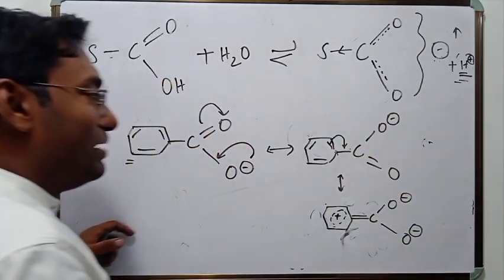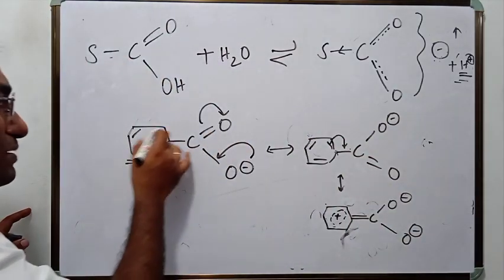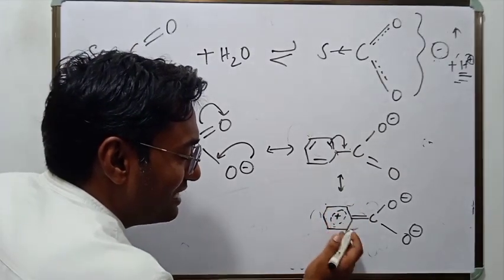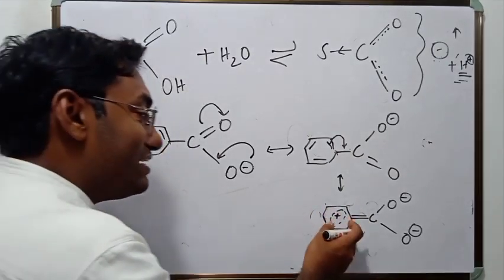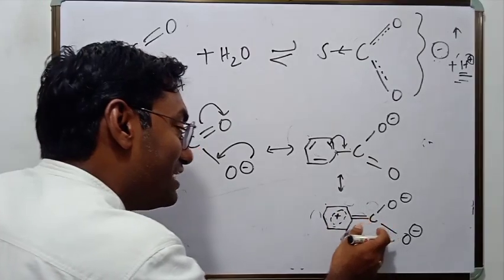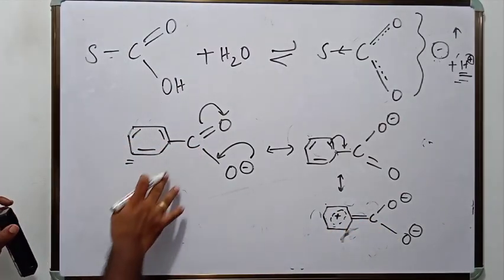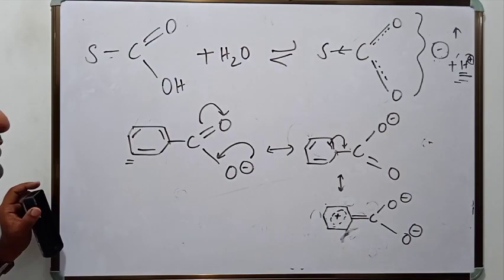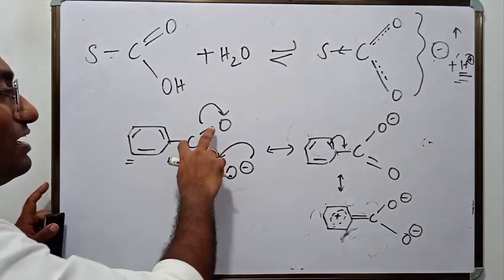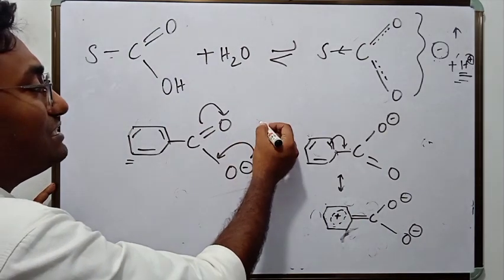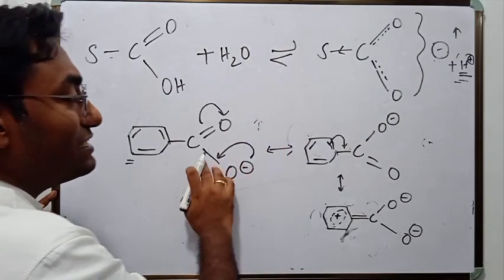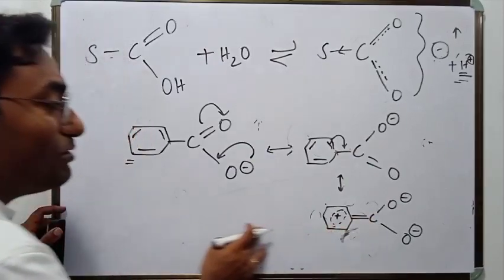But besides the plus I effect, there is another effect that is taking place, that is the resonating effect. Because of the resonating effect, there are a number of resonating structures for phenyl carboxylic acid. Correct? So here what is happening? The inductive effect is increasing the negative charge, while the resonating effect is increasing the number of resonating structures.